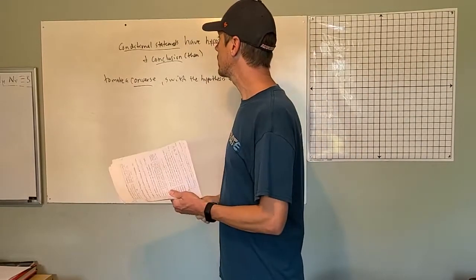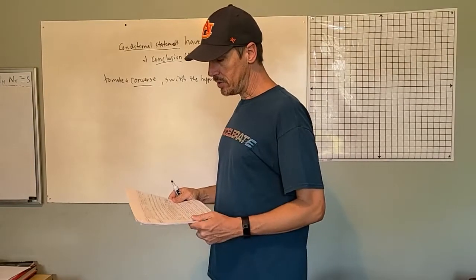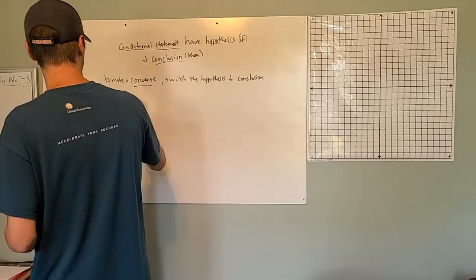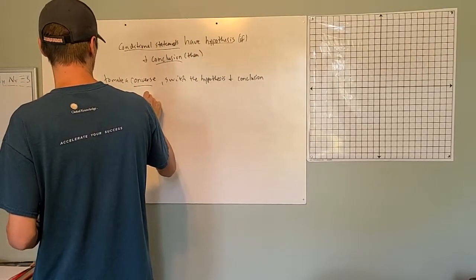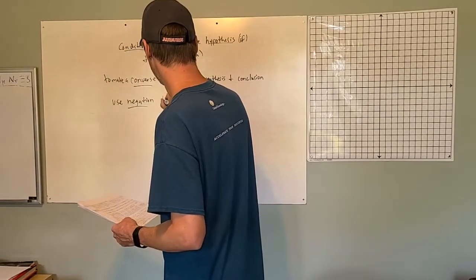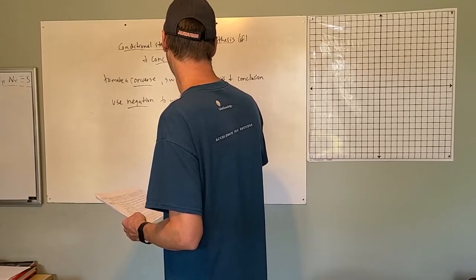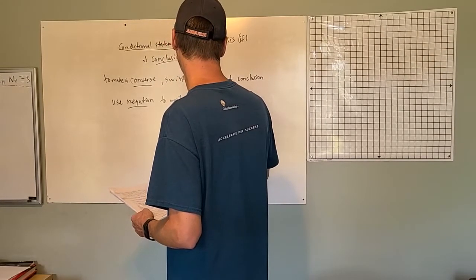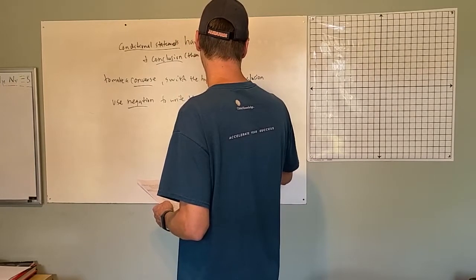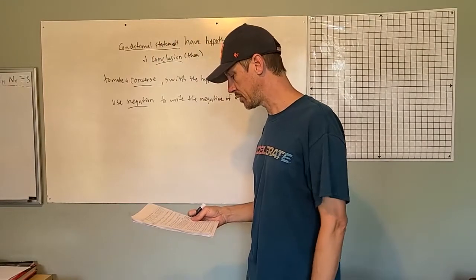Yes. All right. So that's the construction of a conditional statement. We need to know how to do the converse. And then we use negation. That's another term we need to understand. We use negation to write the negative of a statement. So we're just putting a bunch of definitions up here first to make sure that you understand.